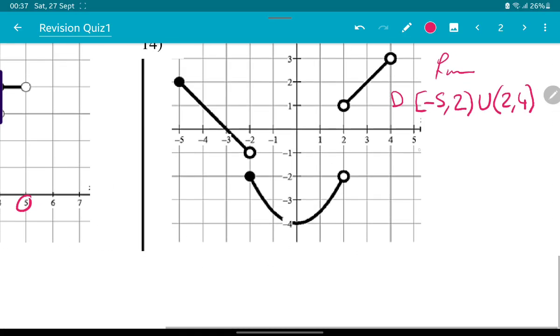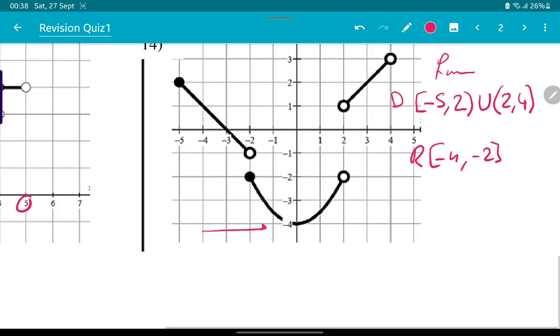Okay, for the range, we go on the y-axis from -4 to -2, because it's taken here. It's unshaded here, but shaded to the left, so it means it's included. We have a different part, so we use union because we have a gap.